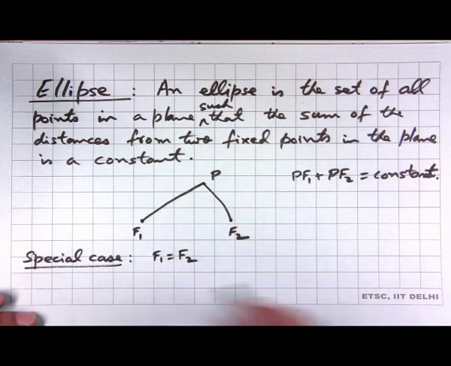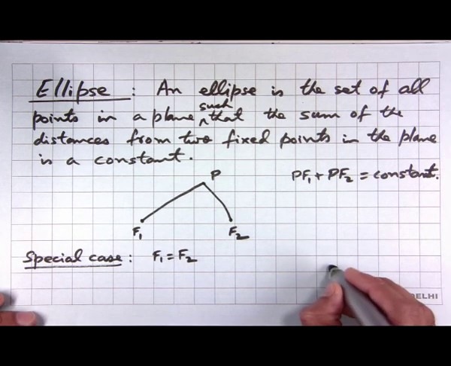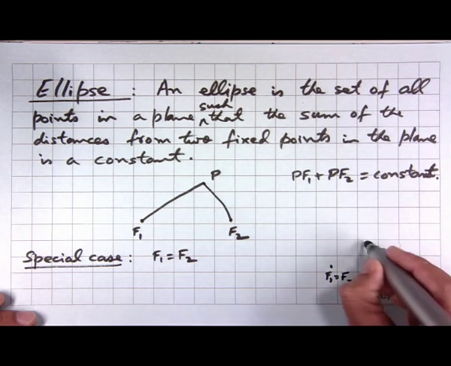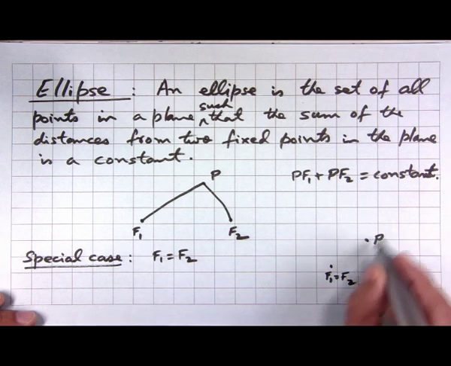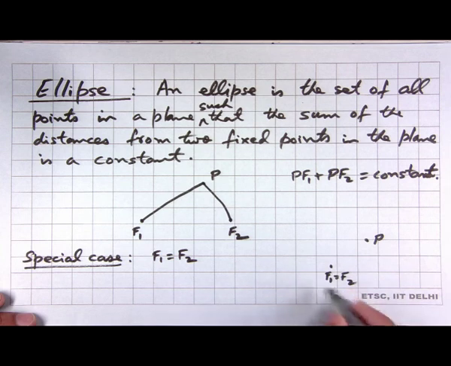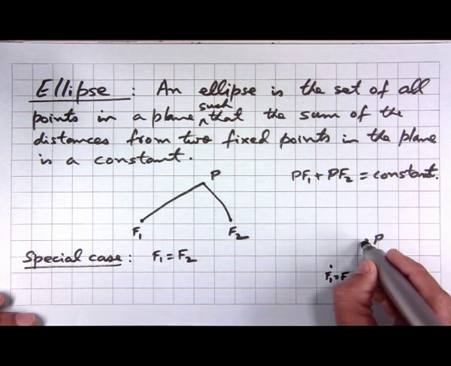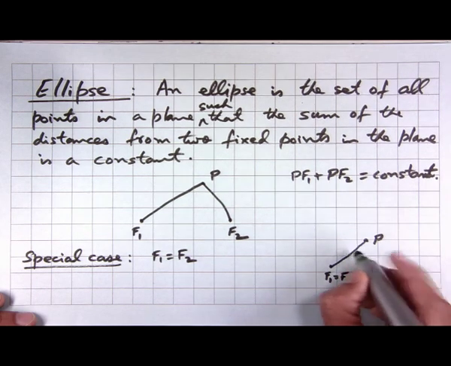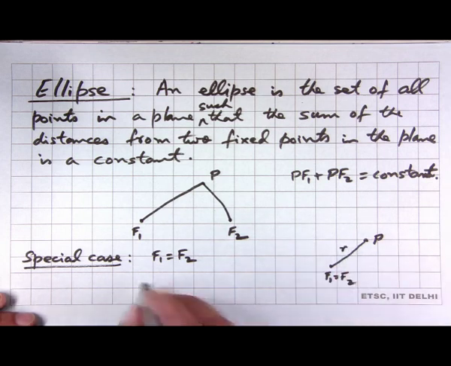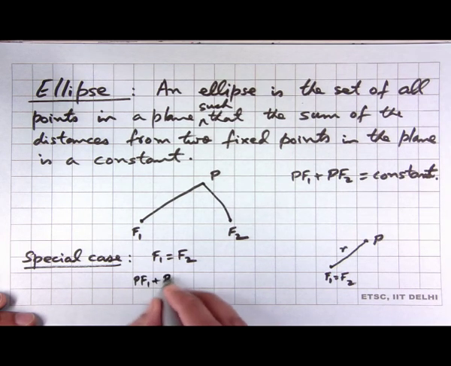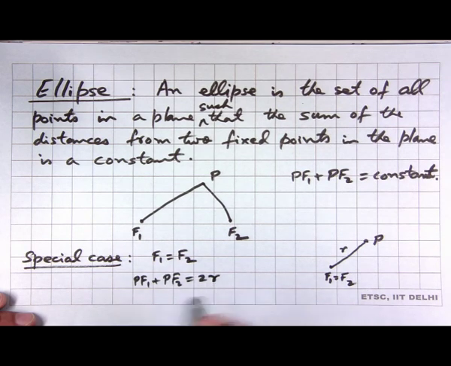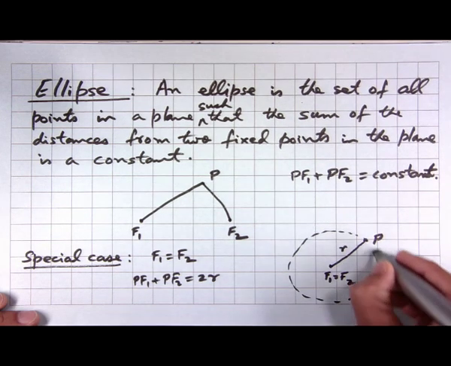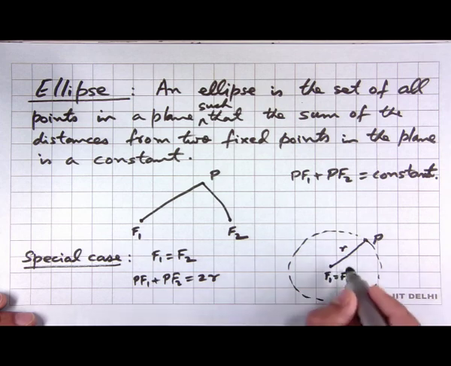This one point f is f 1 as well as f 2, and for any point P, the sum of the distances from f 1 and f 2 is twice the distance of P to f. If this distance is r, then P f 1 plus P f 2 is equal to 2 r, which is a constant. So, we get a circle. If these 2 points coincide, we get a circle.